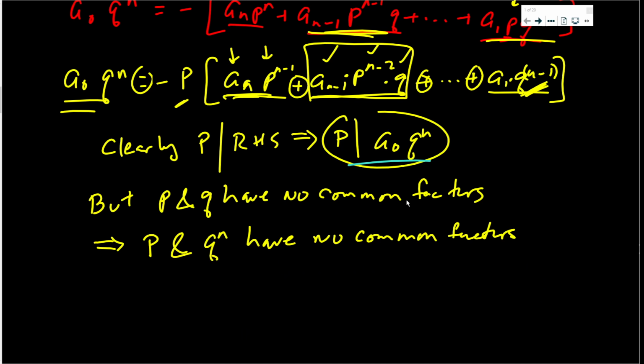Okay. So I formally stated this, and okay, well, this implies that p does not divide q to the n. I have a feeling I said a statement like this a moment ago, but I didn't say does not divide.